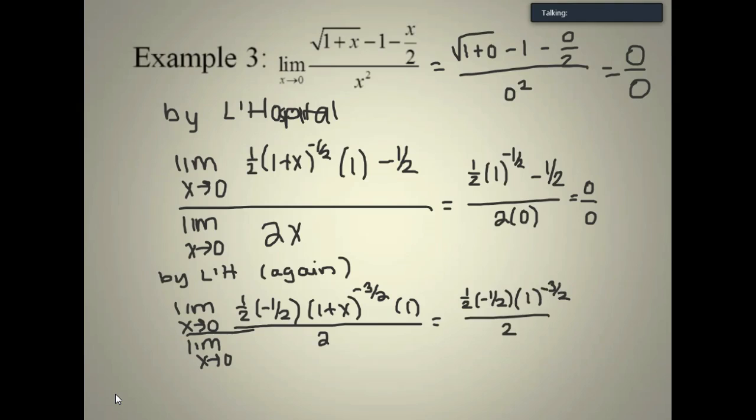Half times a negative half is negative a quarter. 1 to anything is 1. So we get negative 1/4 over 2. And negative 1/4 divided by 2 is really negative 1/8.